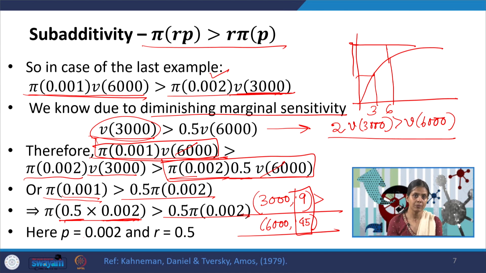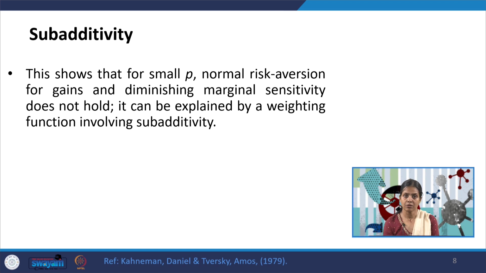So, for small values of p, the sub-additivity relationship holds. This shows that for small p, normal risk aversion for gains and diminishing marginal sensitivity does not hold. It can be explained by a weighting function involving sub-additivity.